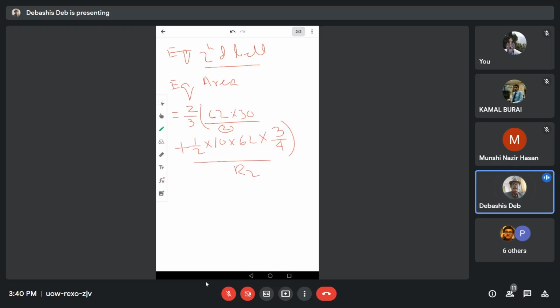So R2, 3 is recess, so 3 by 4. Is it clear? Just tell me. If not, then again we will have to explain. It is 2, it is for R2. Then tell me the value. What will be the equivalent area? It is square meter. Don't forget to mention the units also.